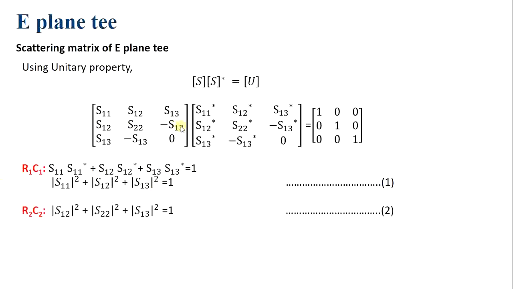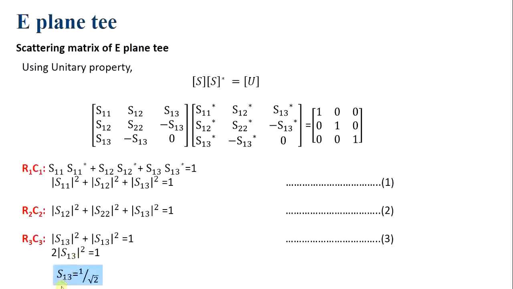Similarly, row 2 into column 2, we get the equation mod of S11 squared plus mod of S22 squared plus mod of S13 squared equal to 1. Similarly, row 3 into column 3, we get mod of S13 squared plus mod of S13 squared equal to 1. Here we can say it is twice S13 squared equal to 1.